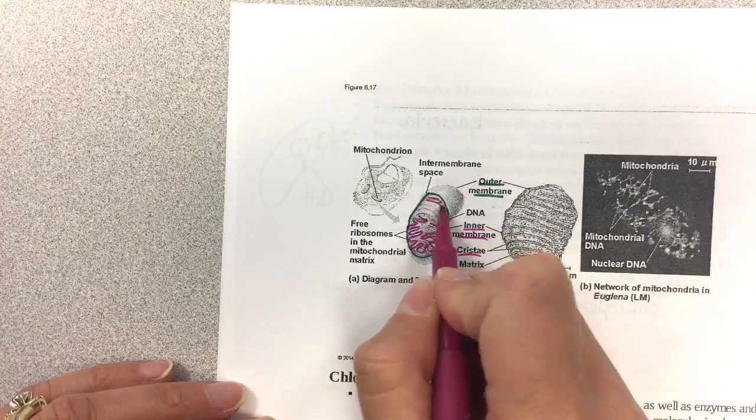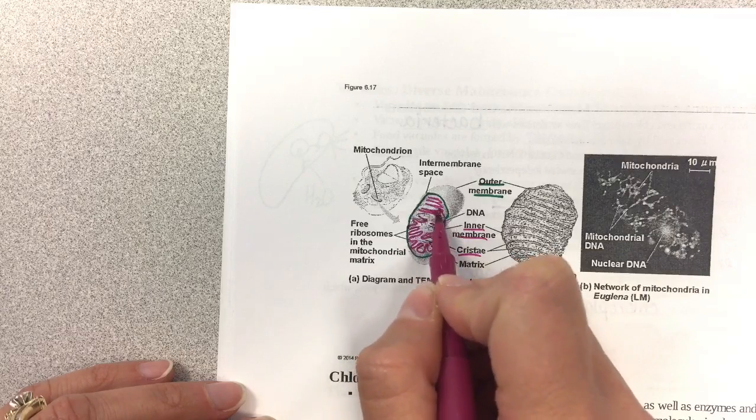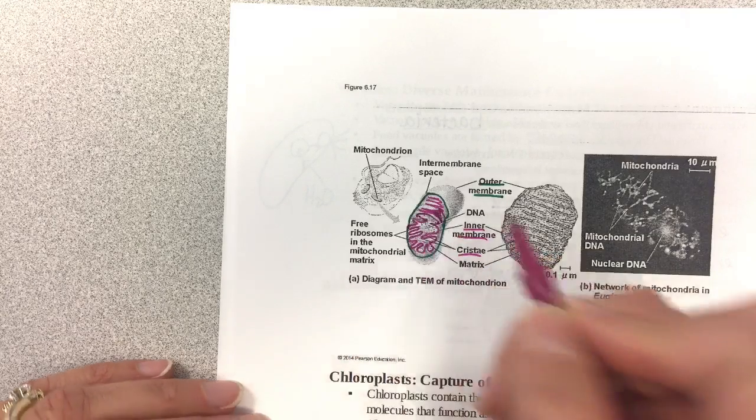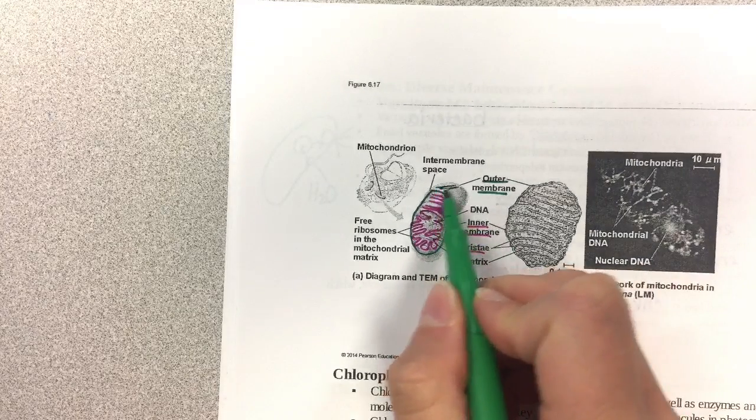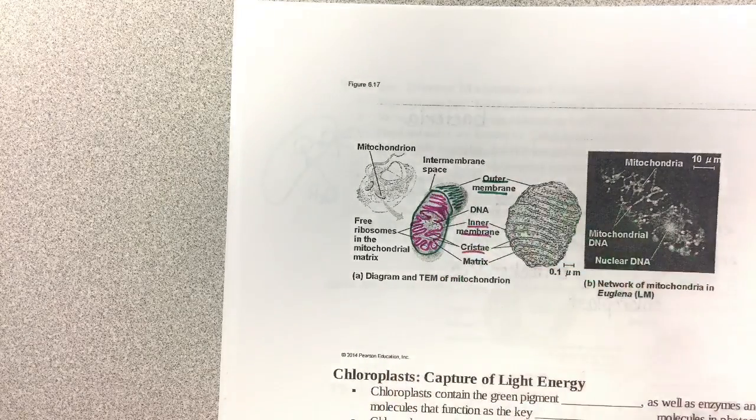So this would be like this, and this is the cross section. This would be on the outside, that would be your outer membrane, so you can see that. And then you have the matrix, which is the fluid, the space inside, and you have your DNA in there.